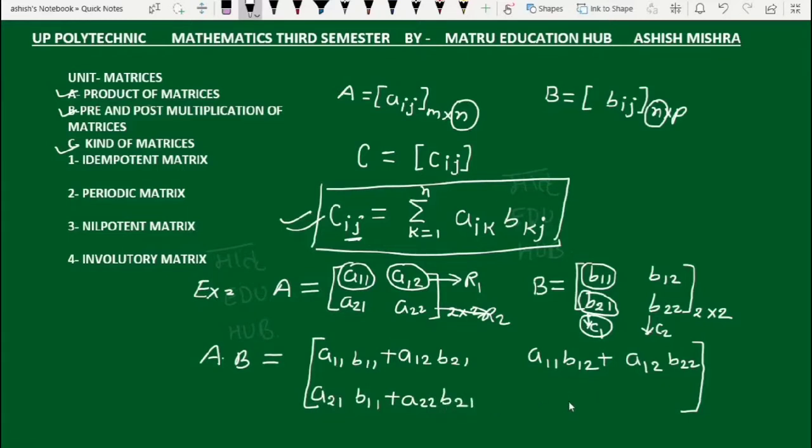And the last, this is C22, means second row second column, second row of first matrix and second column of second matrix, that is A21 B12 plus A22 B22. Order is 2 cross 2. This is the product of two matrices A and B. Very easy.